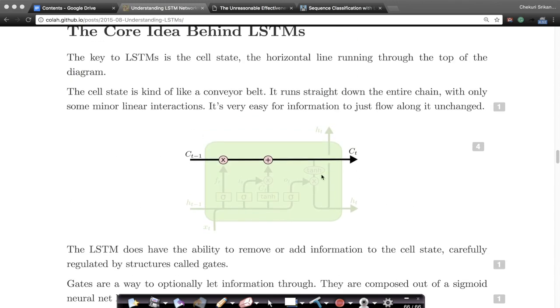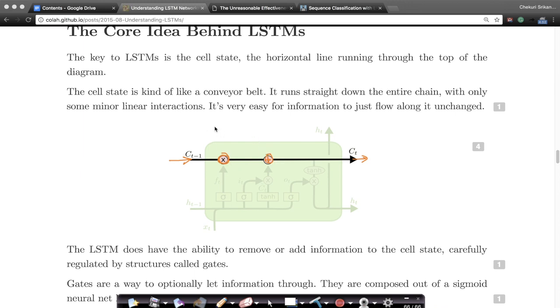Okay, so let's look at this connection. What does this connection do? Let's ignore everything else. I have my cell state coming from the previous timestamp, and I'm sending it to the next timestamp. On the way from the t minus 1 stage to the t stage, I have a pointwise multiplication operation and a pointwise addition operation.